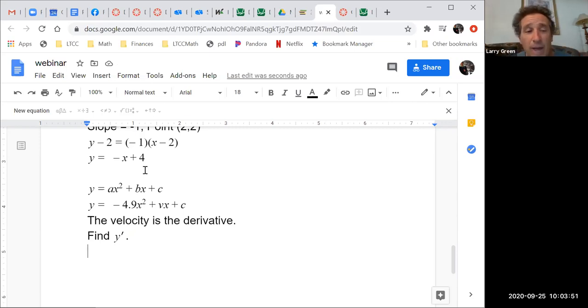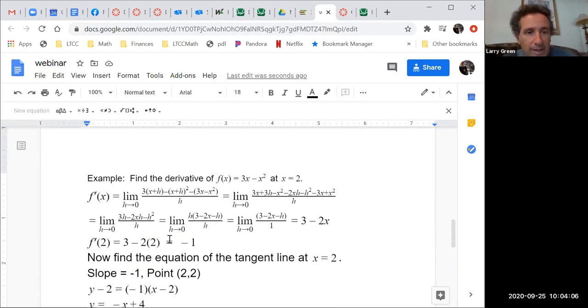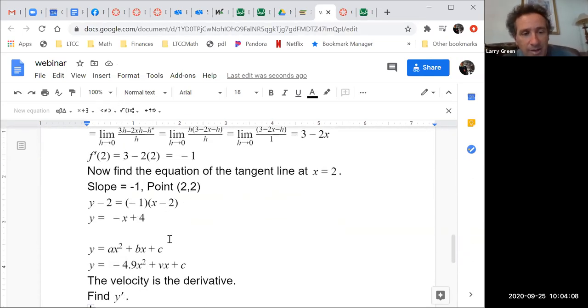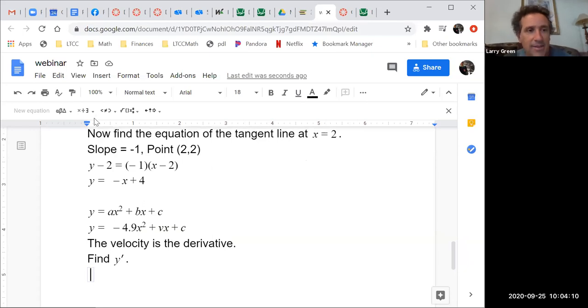I'm going to find y prime just for the first term, and I'm going to be in good shape after that. To find it for the first term, take a look. We've done this one already, so we're going to do basically the same idea. It's going to be almost exactly the same, but I figure it's important enough.